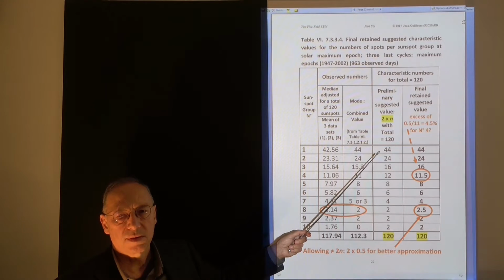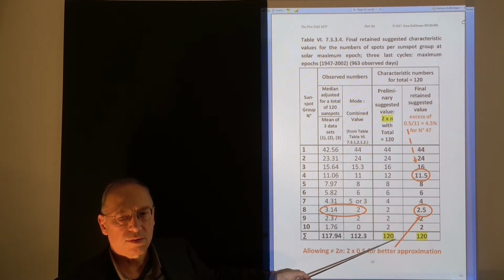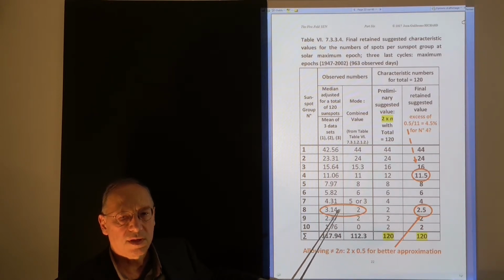These are spots, and this is what we get, and a total of exactly 120 spots. However, here we would have a large discrepancy, retaining 2, when here we have more than 3 as a median, which is an important yardstick.